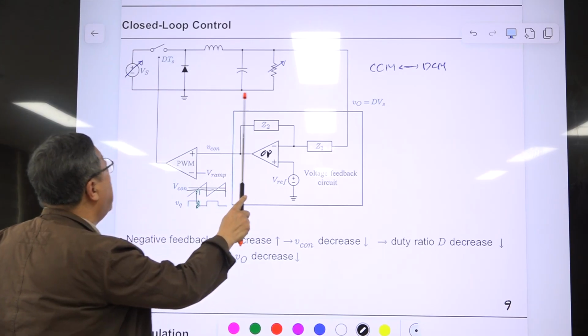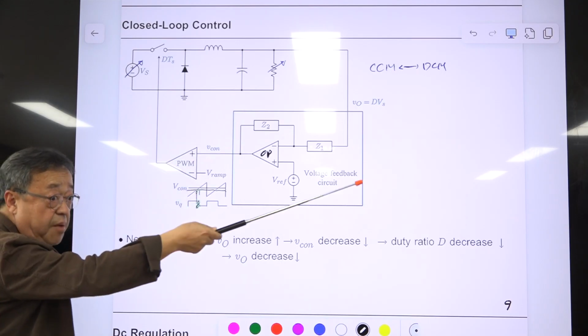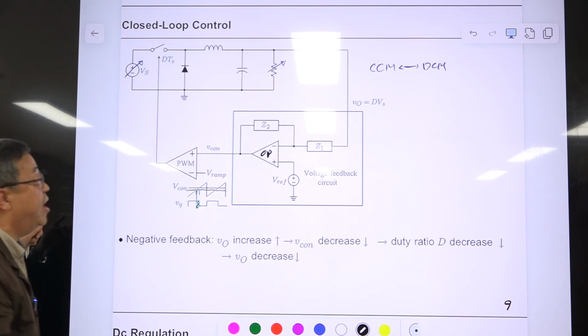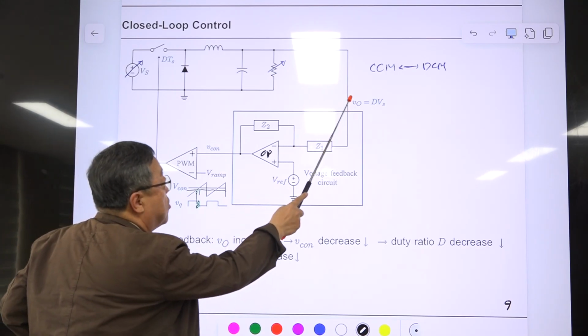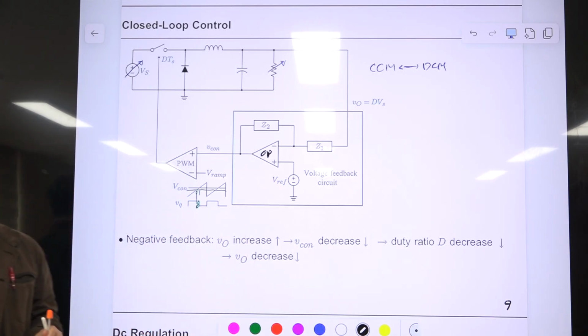And somehow the operational mode jumps from CCM to DCM or vice versa. For any changes in operational condition, we want to maintain this voltage at a constant value in the steady state, not in the transient period.